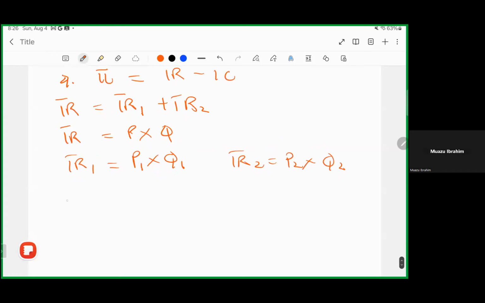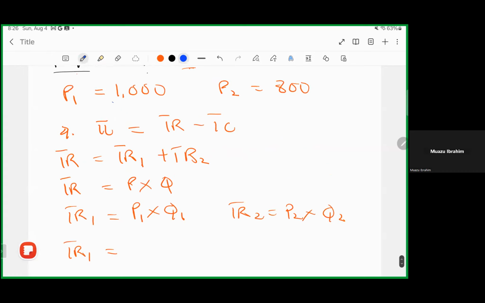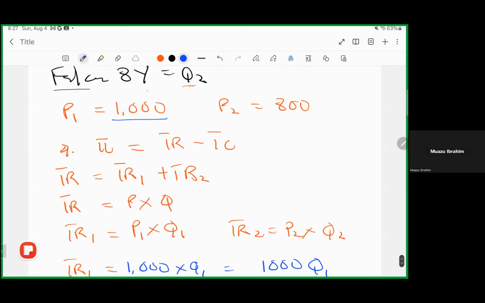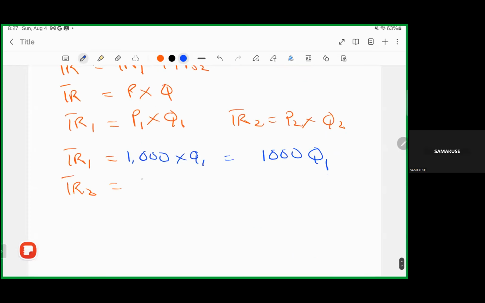So here, total revenue 1 will be P1, and P1 is 1,000, so it will be 1,000 times Q1, which is 1,000 Q1. And total revenue 2 would be, they say the second one is sold at 800, so 800 times Q2, which is 800 Q2.